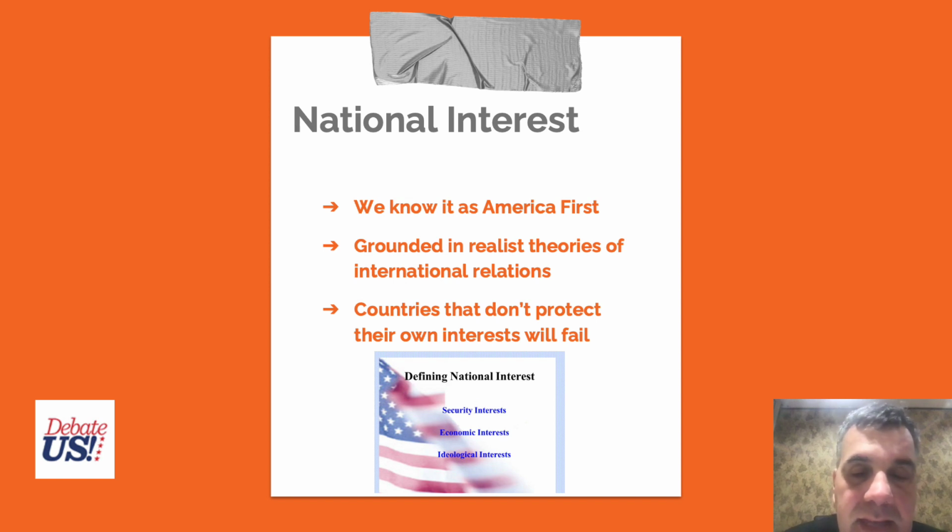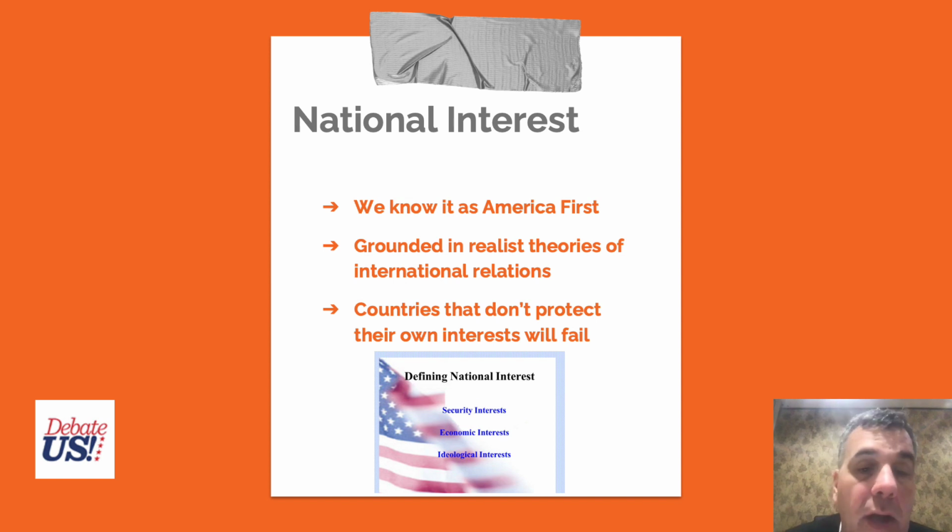A realist would probably say two things. One is that countries are always going to act in their self-interest, right? So if country A is going to act in its self-interest regardless, then country B needs to act in its own self-interest too. Just like you don't want to sacrifice your own interest if your friend is not willing to sacrifice their interest for you.